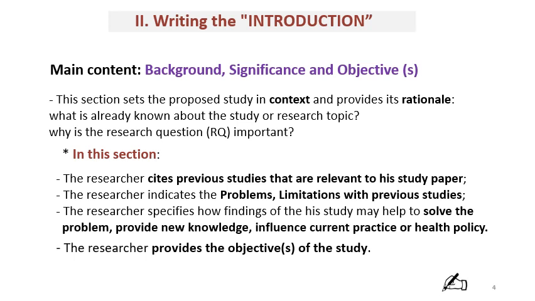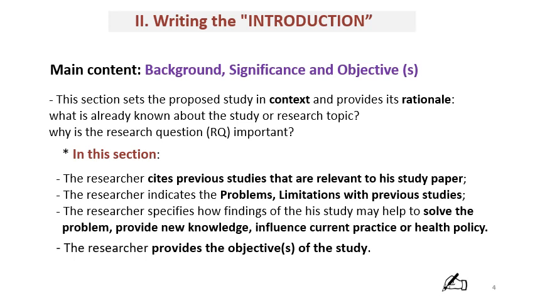of the study. What is already known about the study topic, and why, as researchers, is our research question important. So in this section, the introduction, the researcher cites previous studies that are relevant to their study paper.